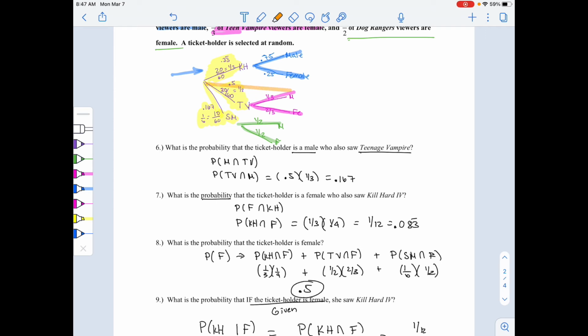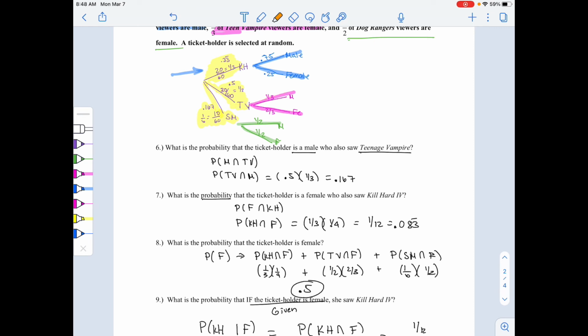I'm following that line. I was looking at the wrong question here, guys. 1/2 saw teenage vampire, and 1/3 of those people were male. So 1/2 times 1/3 comes out to be 1/6 or 0.167.